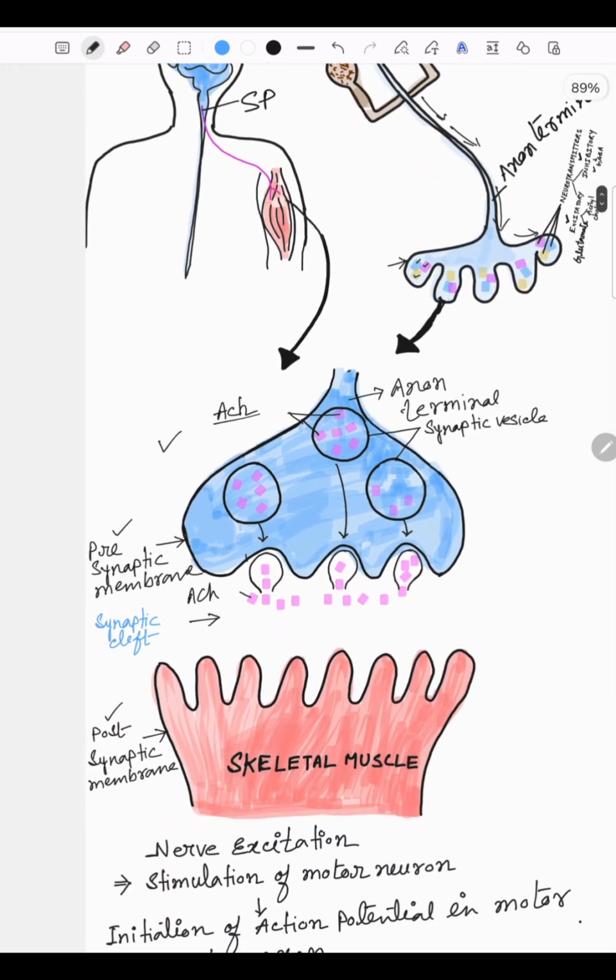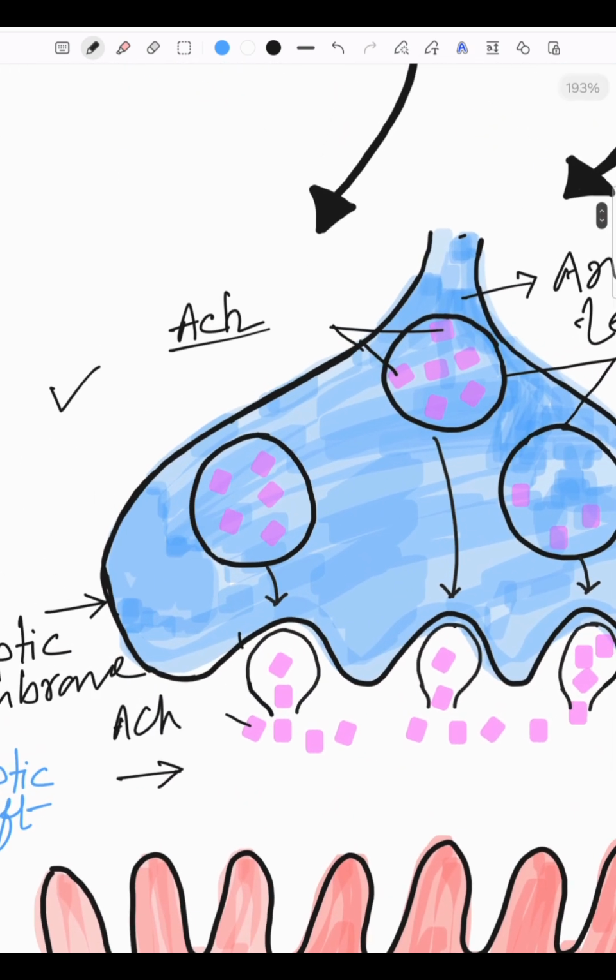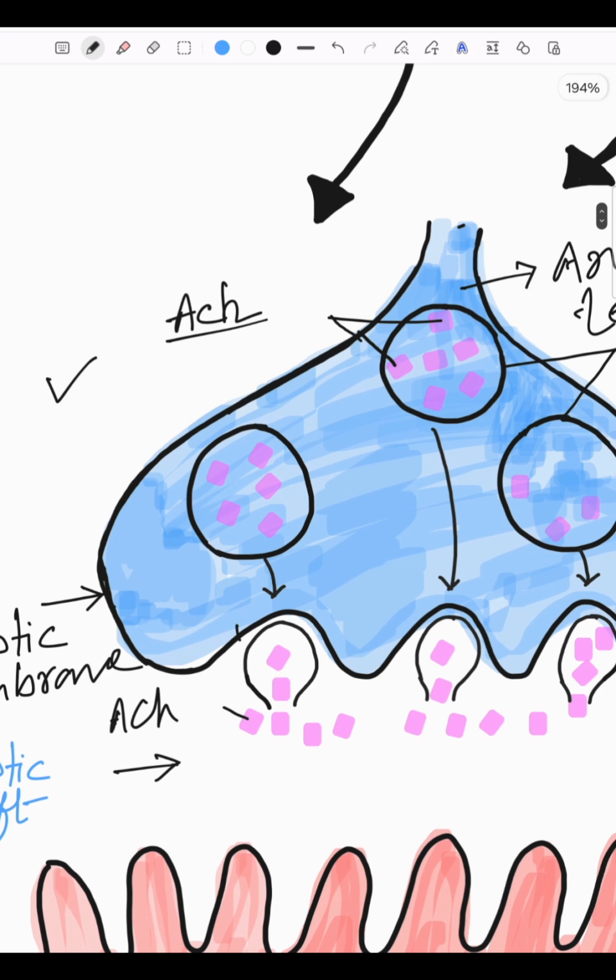Okay, so basically this action potential travels down the neuron, the nerve axon, to the neuromuscular junction.